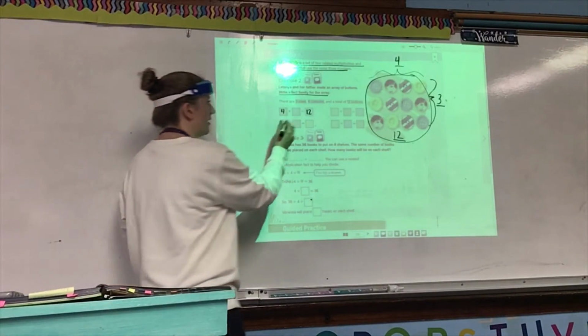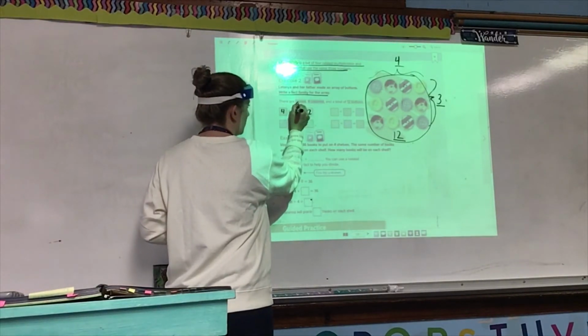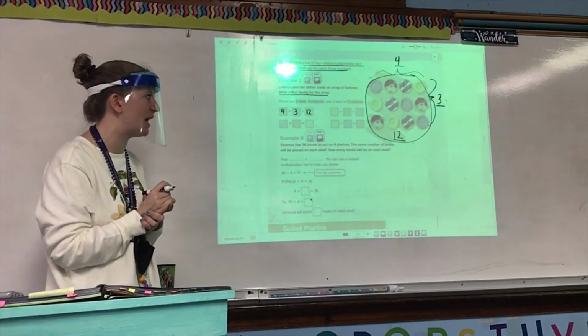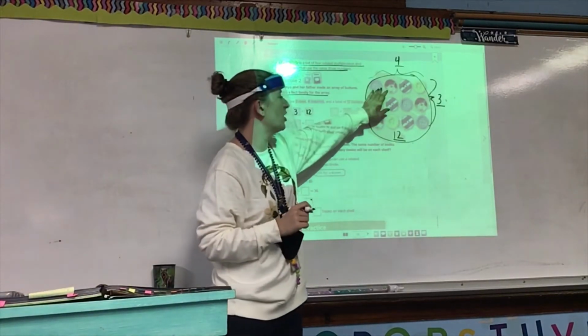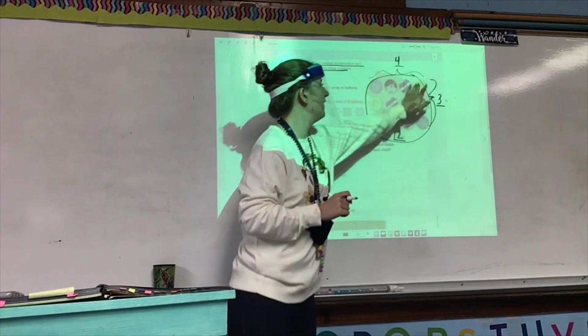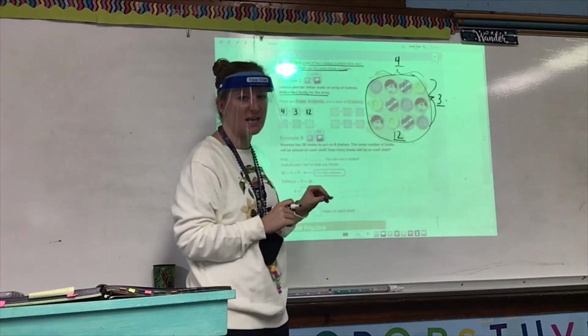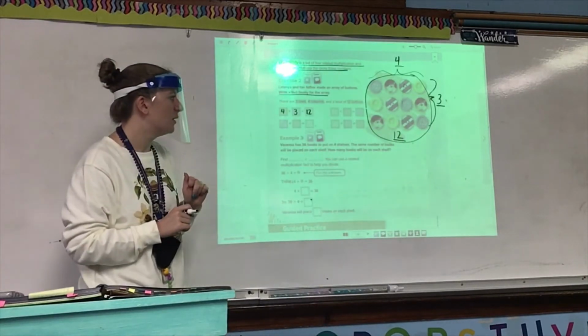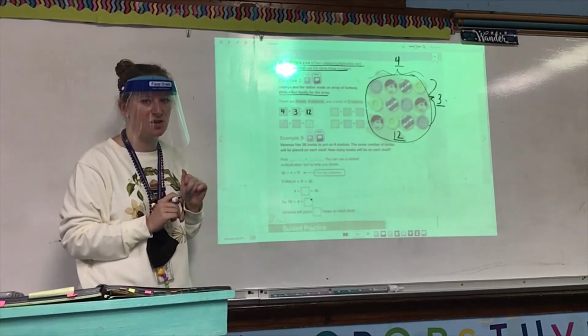Rows. How many rows are there? 3. So our first multiplication problem is 4 times 3 equals 12. If we take our 4 columns, 1, 2, 3, 4, and we repeat them 3 times, 1, 2, 3, we get how many buttons, Zari?